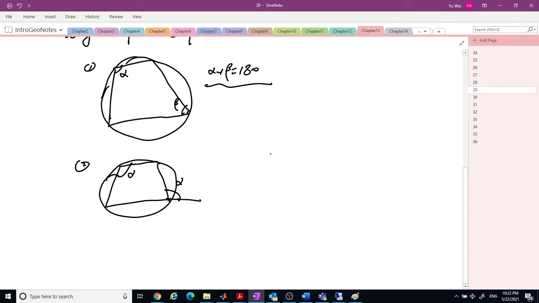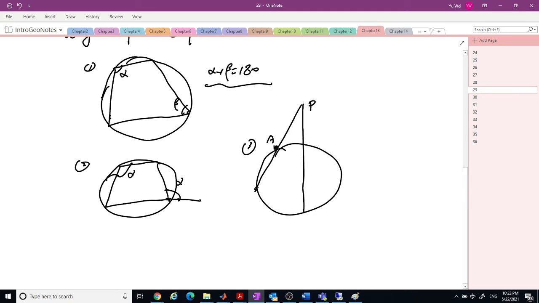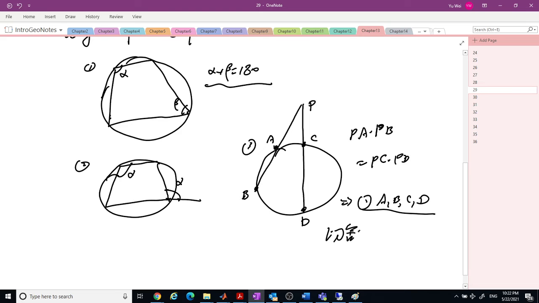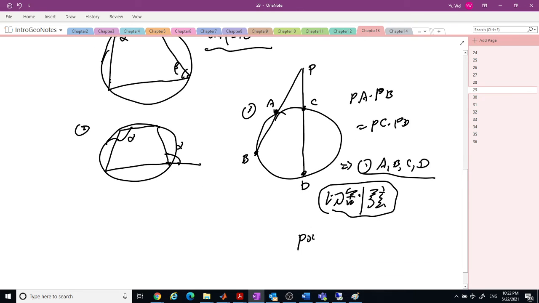The third way is using the power of the point: if PA times PB equals PC times PD, then ABCD is concyclic. In Chinese we call it the secant-chord theorem. In English it is the power of the point.